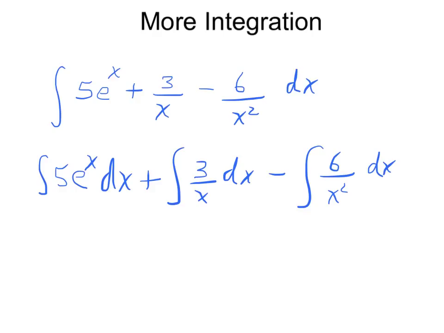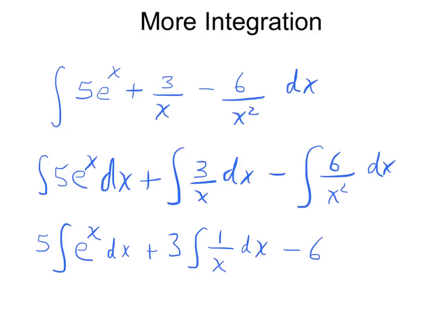I can take these constants outside, which makes life a lot easier. So I'll rewrite this as 5 times the integral of e to the x dx, and this one as plus 3 times the integral of 1 over x dx, and the last one as minus 6 times the integral.